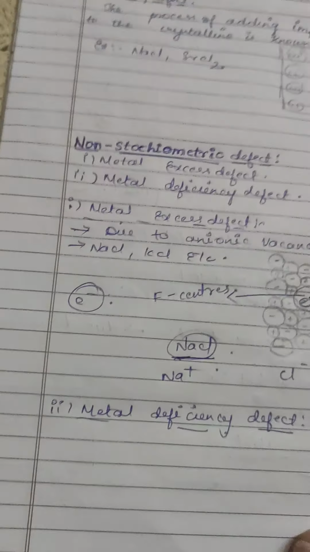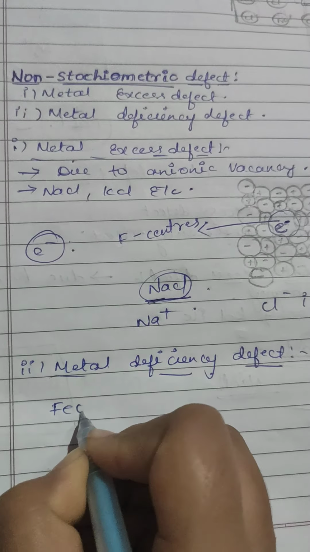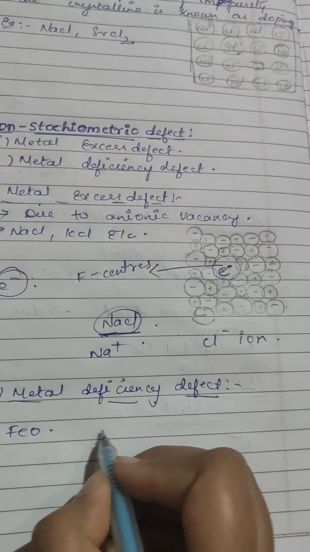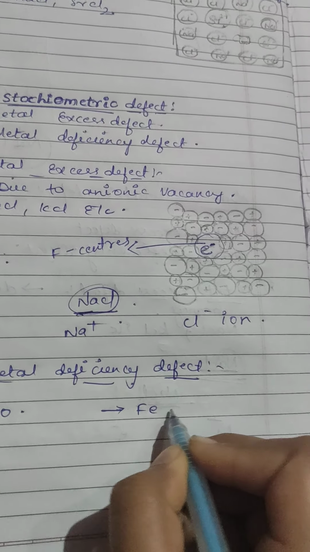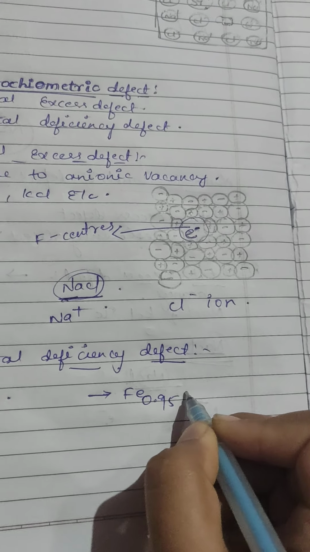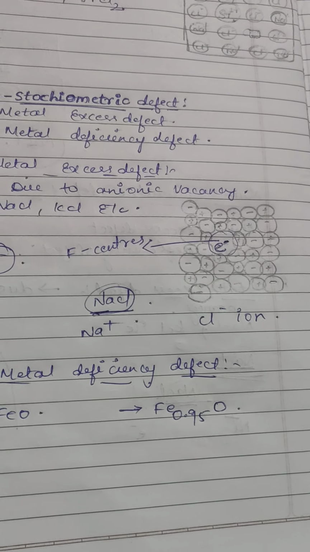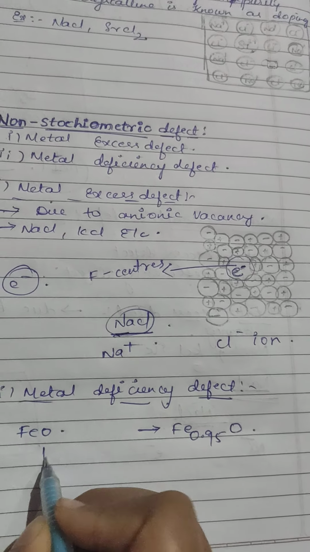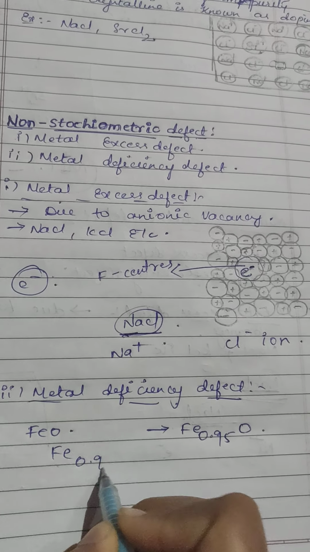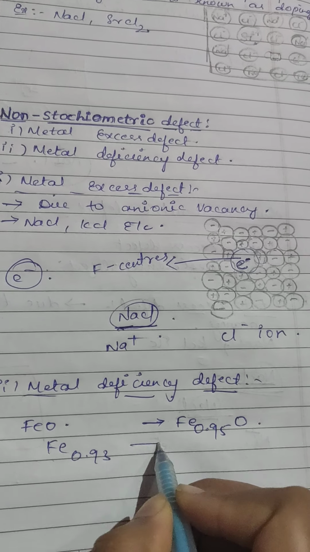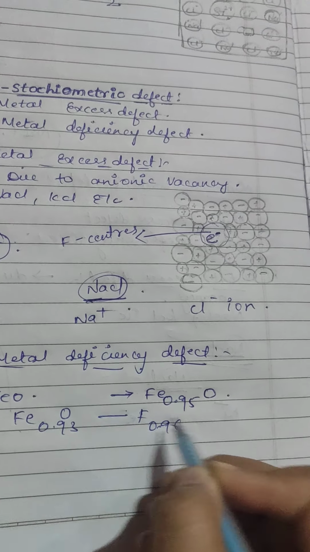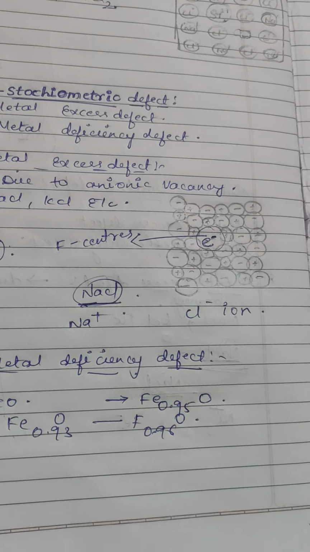So we can take an example of ferrous oxide. It is found in the composition Fe0.95O, but it actually ranges from Fe0.93O to Fe0.96O.